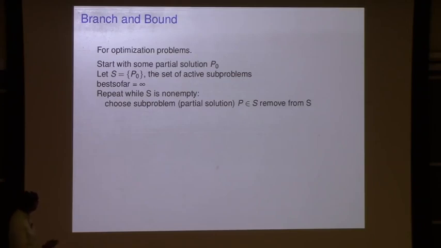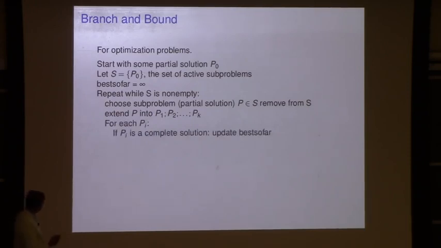You choose a subproblem or partial solution P in S, and remove it from it. Extend P, you extend the solution, and you may be able to extend it in several ways. Again, it's like you could use true or false, or add a city in TSP for each problem. If P_i is a complete solution, if it's a complete tour, or if you assigned all the variables, you can report whether it worked or not.